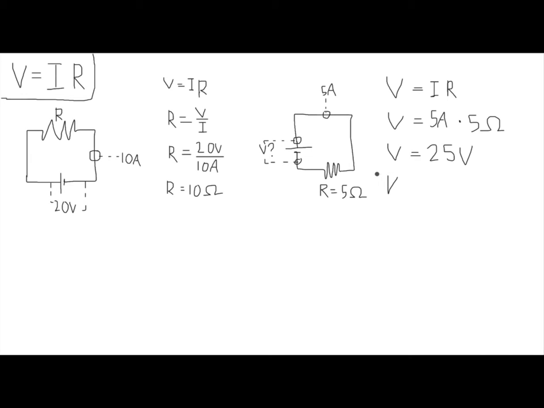However, it's hard to handwrite in italics. So typically, you see the same symbol, and you have to discern the difference depending on the context. You may even see potential difference written like so, with a U, or even change in U. In contrast, volts are not written in italic type.